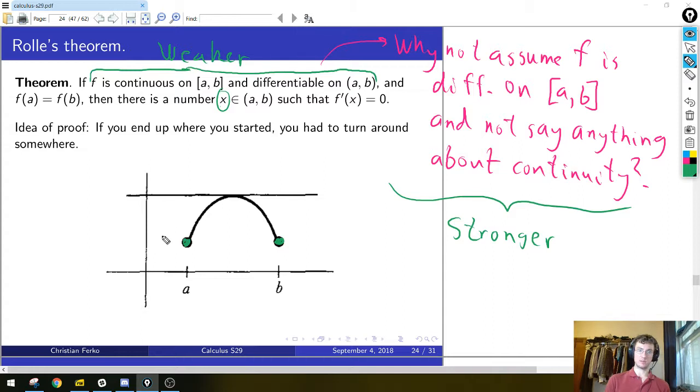It could be part of a function that looks like an absolute value outside this interval, so it has kinks. In that case, the theorem wouldn't apply if we made the assumptions on the right, because you would need to assume it's differentiable at the endpoints. But the theorem does apply with the formulation on the left. So this is a mathematician's style comment: you always want the weakest assumptions and the strongest conclusions that you can get.